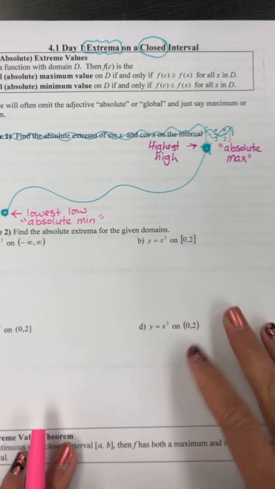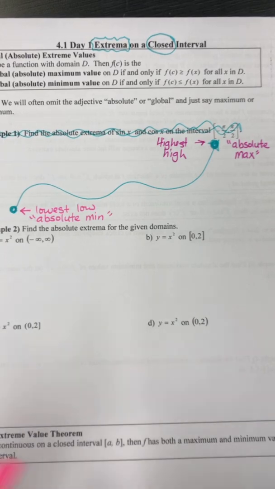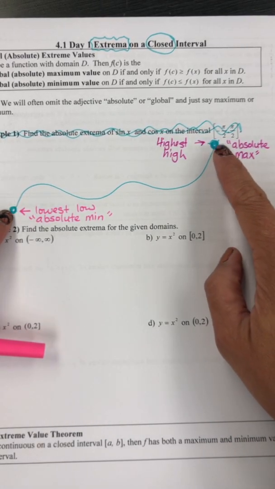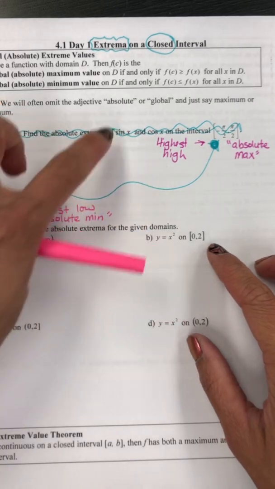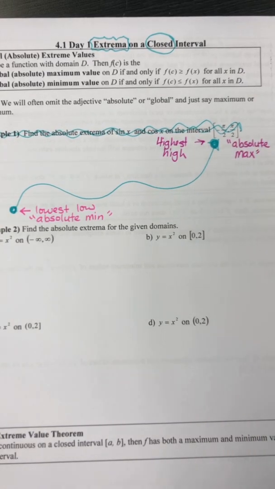So when I'm talking about the absolute max and the absolute min, I'm talking about a y value over the domain, over the x values, okay? And the absolute max and absolute min isn't always going to be the endpoints. There could be a peak somewhere in the middle or over to the left end or right end that comes up before the endpoints that reaches that highest high or that lowest low.